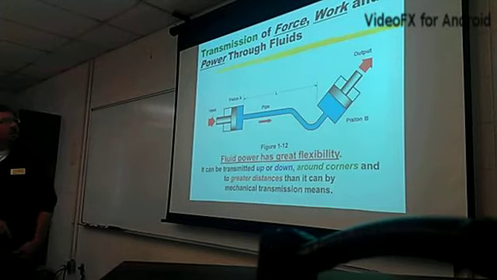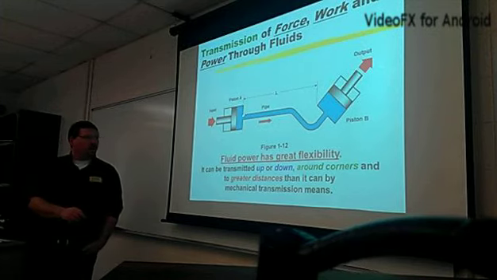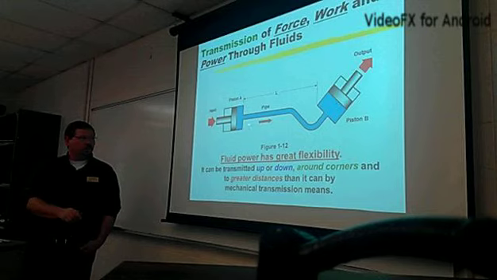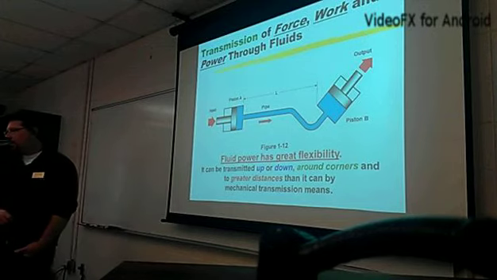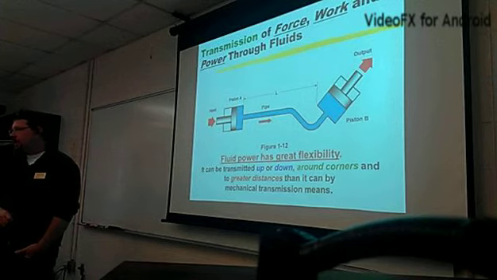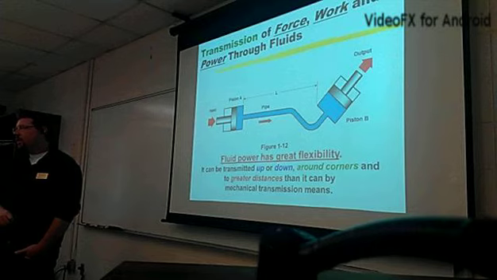Yeah. So, all this is showing is fluid power has much more flexibility because this is much easier to do with hydraulics than it would be to do with a shaft and gear. Okay? And a screw. There would be a lot of work that goes into it.